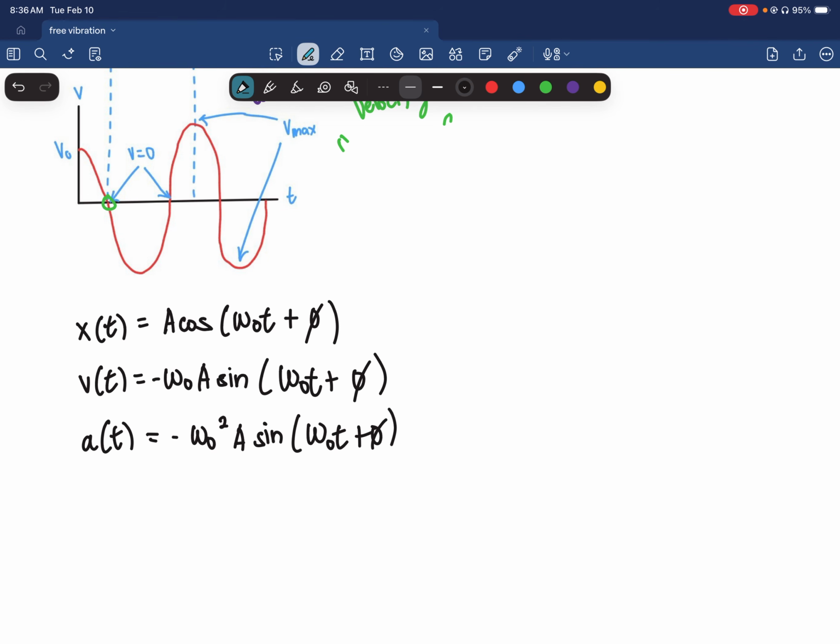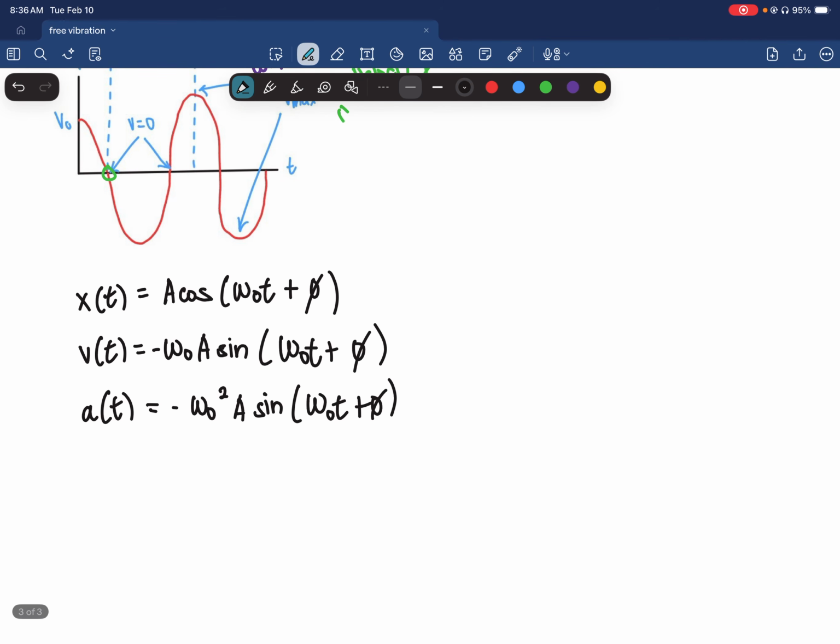So we can say that yung ating Vmax and yung ating Amax are just at a general form. It is a matter of perspective. It is negative because we're projecting it downward. But in general, it is omega naught A, and omega naught squared A.